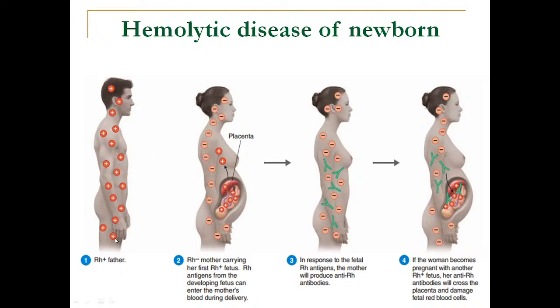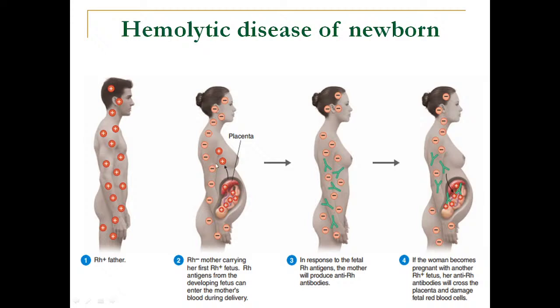It is a rhesus positive father, husband, who has rhesus antigen on red blood cells. It's a rhesus negative mother. So, hemolytic disease of the newborn may occur just in a woman who is rhesus negative. If her fetus is rhesus positive, the mother's immune system doesn't know this antigen.